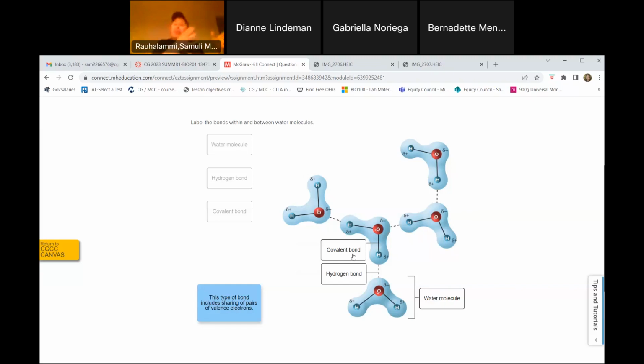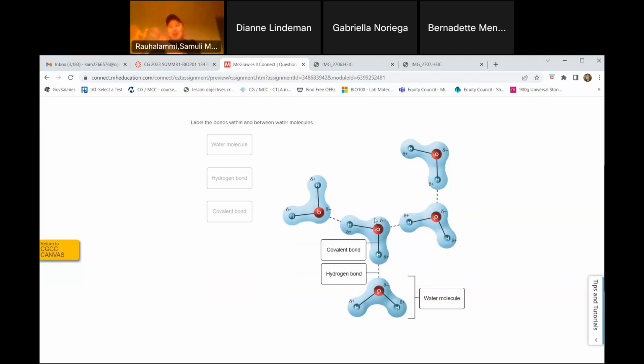A lot of the time electrons would be shared evenly, but in this case they are not. These electrons shared between hydrogen and oxygen spend more time at the oxygen end of this molecule, so there's a slightly greater negative charge.